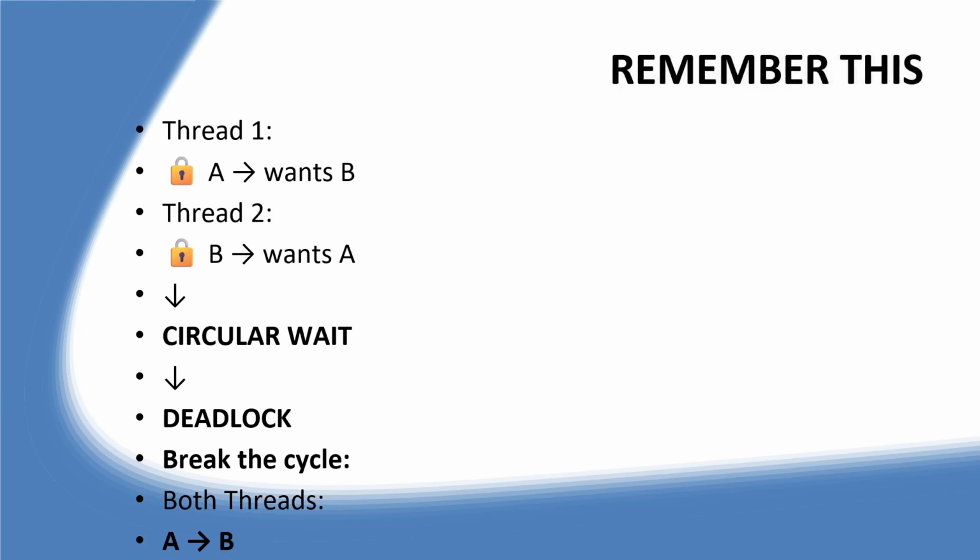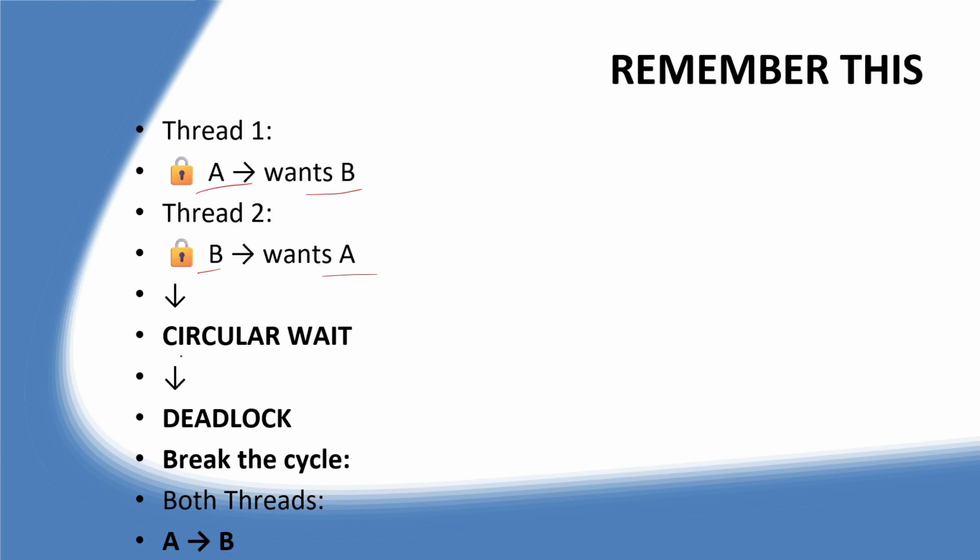Here is the simplest model for deadlock. Thread 1 owns A and wants B, and likewise thread 2 owns B but is trying to get A, waiting for A. That creates a cycle. Neither can make progress. To prevent this specific pattern, break the possibility of the cycle.